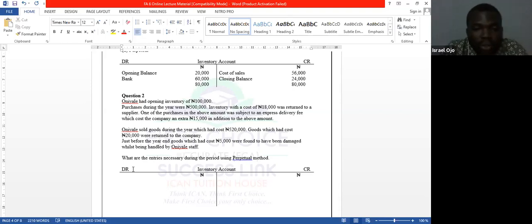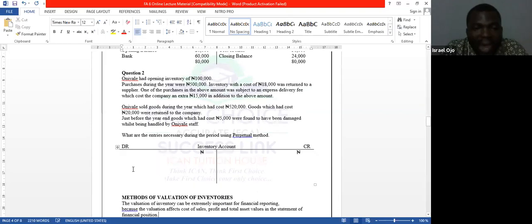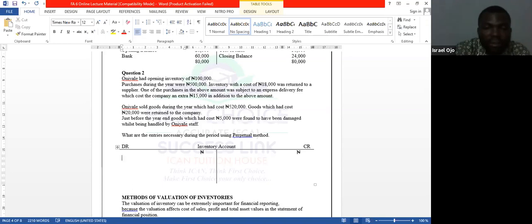So now let's do this. Oniyale had opening inventory of 100,000. It is an asset account, and an asset account has a debit opening balance. So we have the opening balance value to be 100,000.